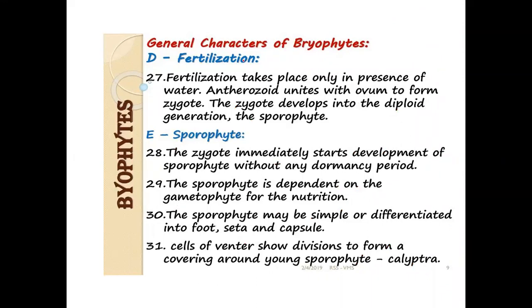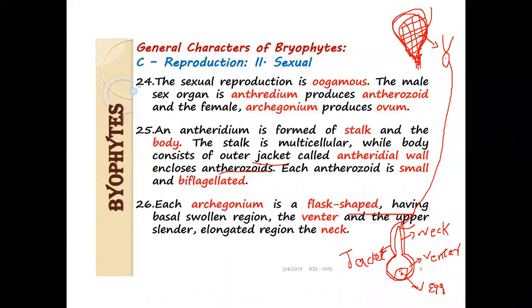So that is called fertilization. So this is the male sexual organ structure and this is the female sexual organ structure. So antheridium and archegonium structures are the same in all the different types of bryophytic plants.